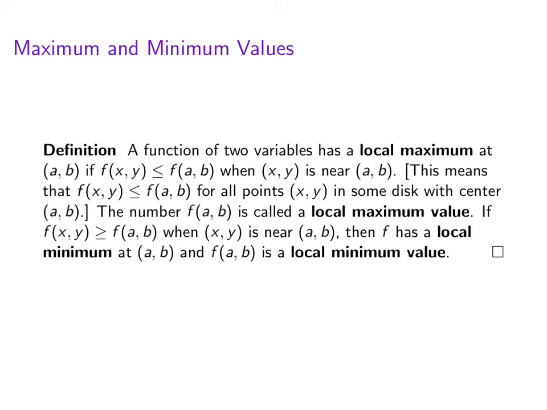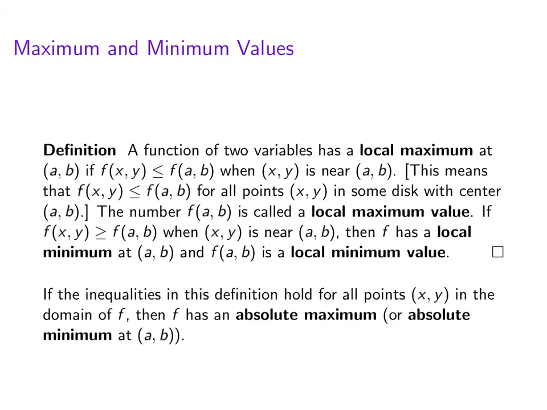The number f(a, b) is called a local maximum value. And then we can do the same thing for local minimum and local minimum values. The inequalities will just go the other way. If the inequalities in this definition hold for every value of (x, y) in the domain of f, then we're going to say that f has an absolute maximum, or an absolute minimum if the inequalities are going the other direction.